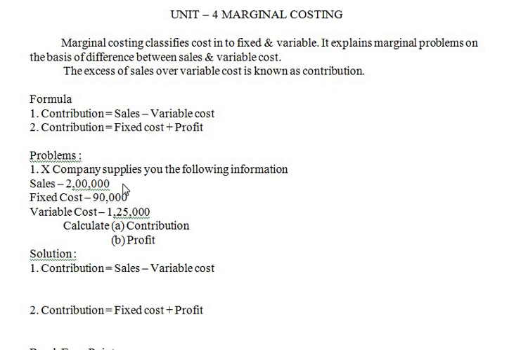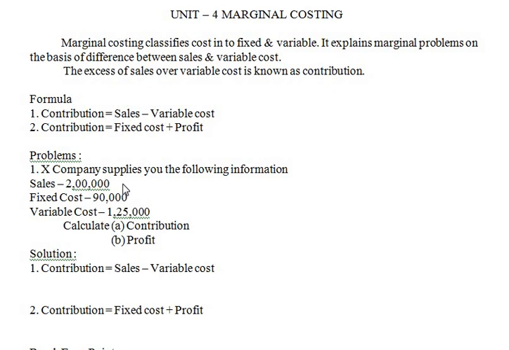There is one more thing you will have to learn, that is contribution. What is contribution? The excess of sales over variable cost is known as contribution. To find out contribution, there is a formula: contribution is equal to sales minus variable cost.